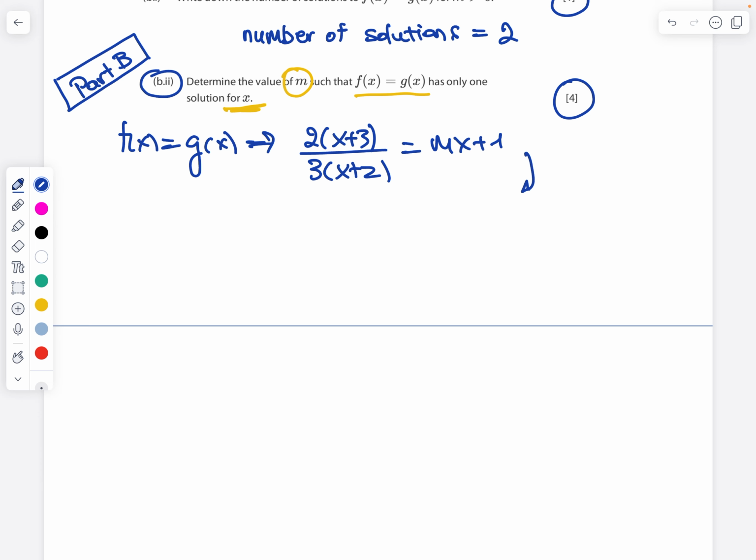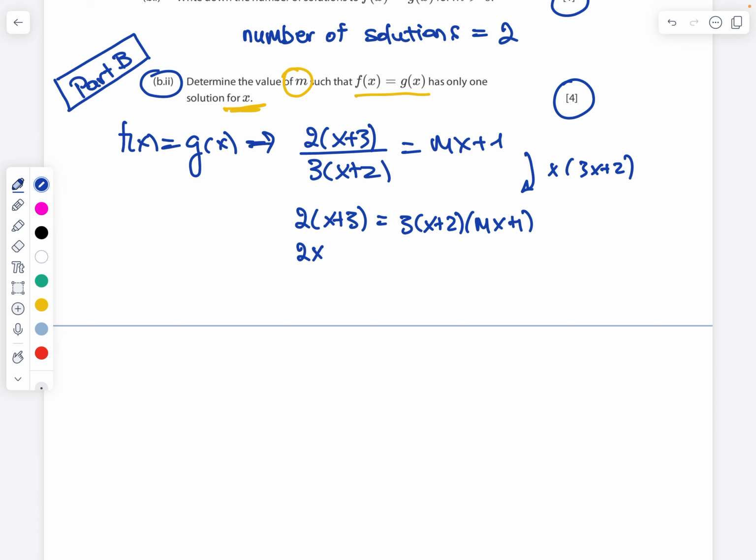So if you multiply both sides by 3x plus 2, what we're going to end up with is 2 times x plus 3 is equal to 3x plus 2 times mx plus 1.